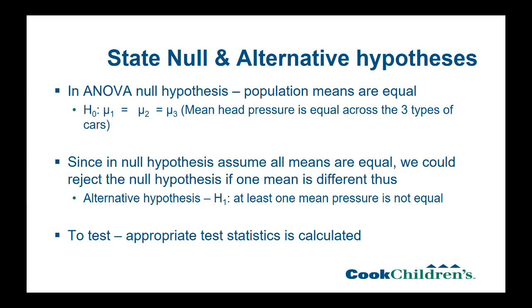Since in the null hypothesis we assume that all means are equal, we could reject the null if one of the means is different. That's where some of the inference comes in. But before we get to that, the alternative hypothesis would be that at least one mean pressure is not equal. So we now apply the appropriate test to either accept the null or to reject it.